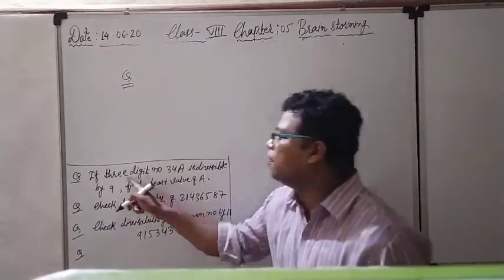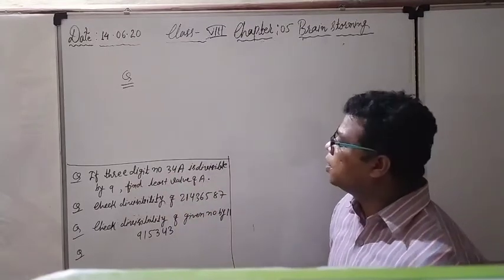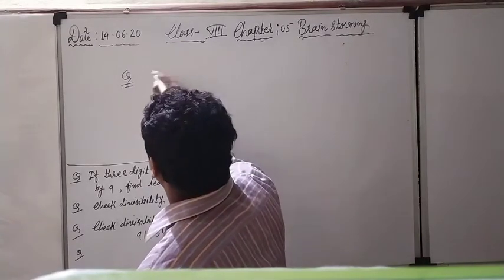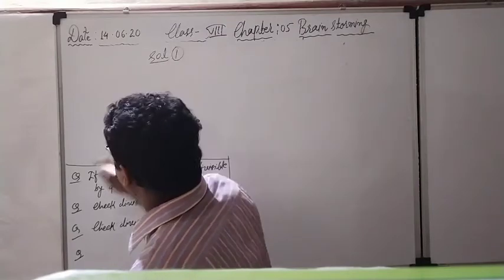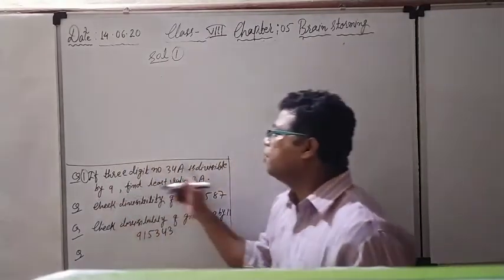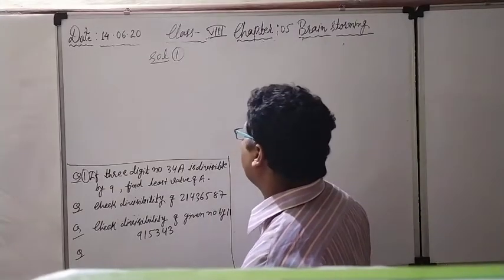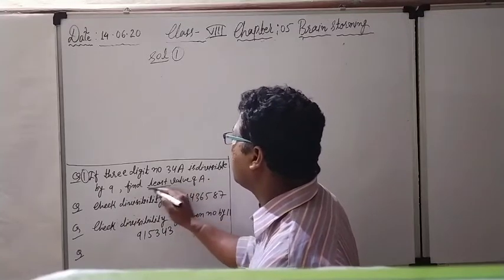If the 3-digit number 34A is divisible by 9, I am going for the solution. Solution of question number 1. If the 3-digit number is given in the form 34A and it is divisible by 9, find the least value of A.